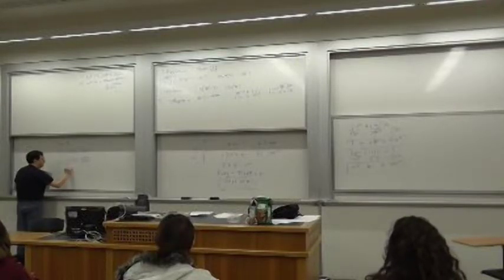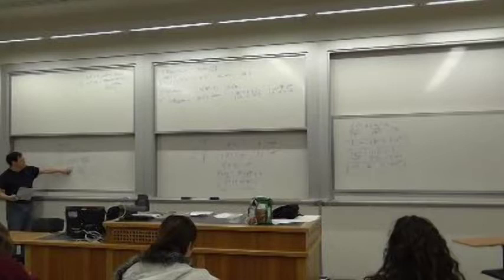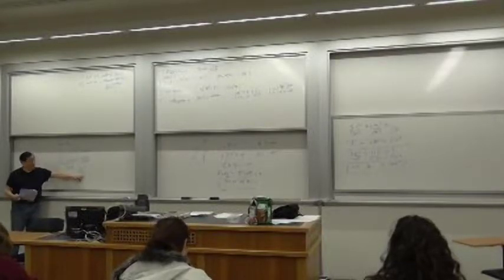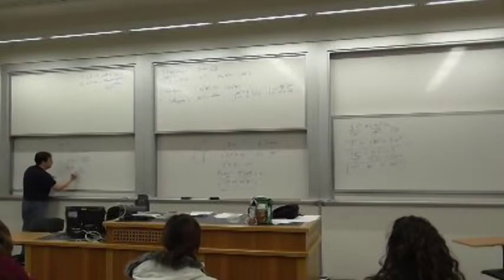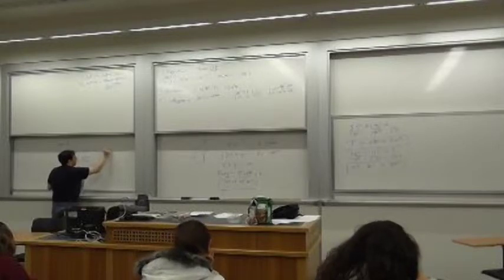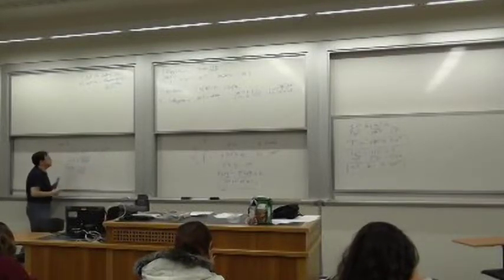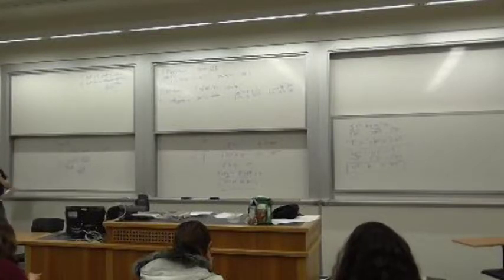That's just sine squared. And clearly here I've got sine squared over sine squared. That's just 1. So the simplification is this becomes cosine squared theta.